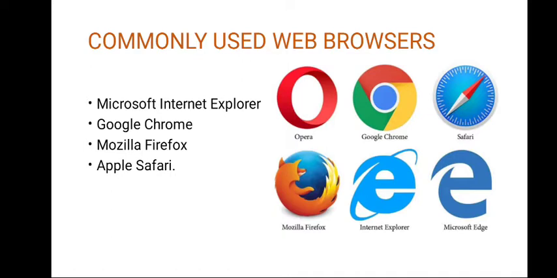Most of these web browsers are available not only for the computers, that is your PC, but also for the mobile devices in the form of the respective Android OS package or maybe iOS package, whichever type of mobile you are using. So these were the commonly used web browsers.